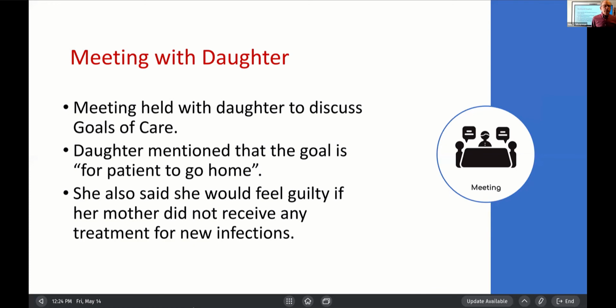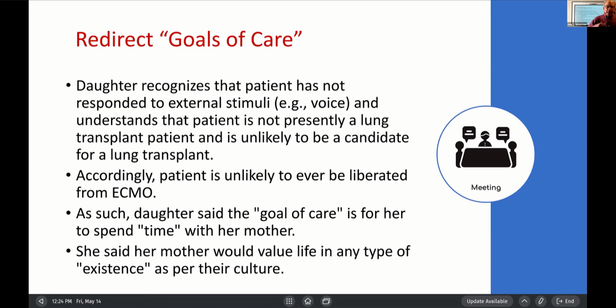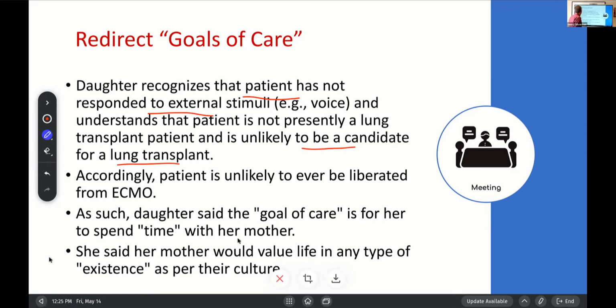And the daughter also said, as a reason why she's changing her mind, that she would feel guilty if her mother did not receive any treatment for any new infections. So we had a discussion about the goals of care, and essentially we talked about the patient's condition, not responding to any external stimuli, and not being a candidate for a lung transplant.